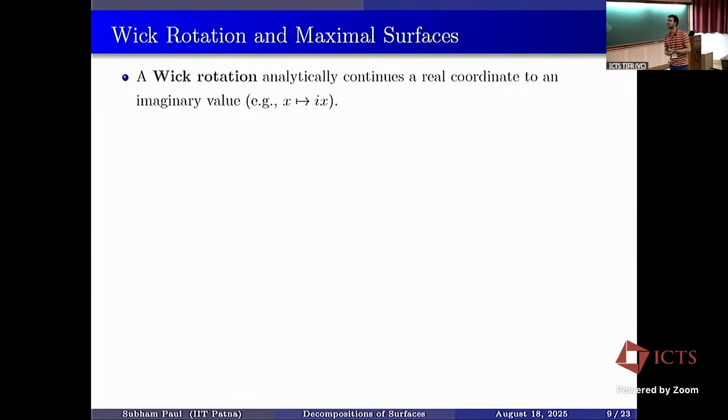So in this direction, first of all, we have to talk about this Wick rotation, and how Wick rotation and maximal surfaces are linked. Maximal surfaces are space-like zero mean curvature surfaces in Lorentz-Minkowski space. A Wick rotation analytically continues the real coordinate to an imaginary value, like x replaced by ix, where i is the imaginary unit.